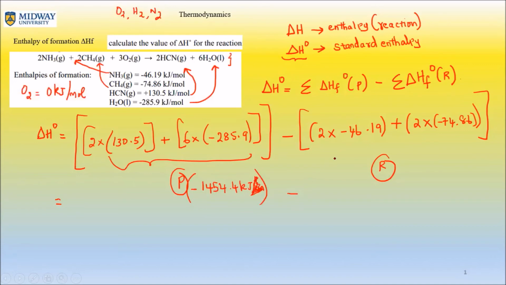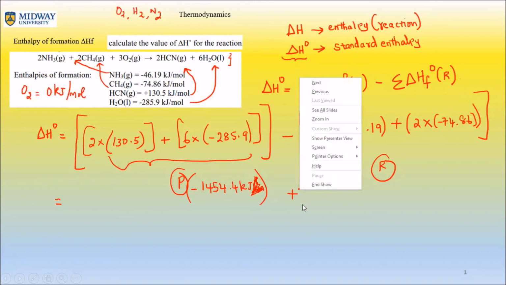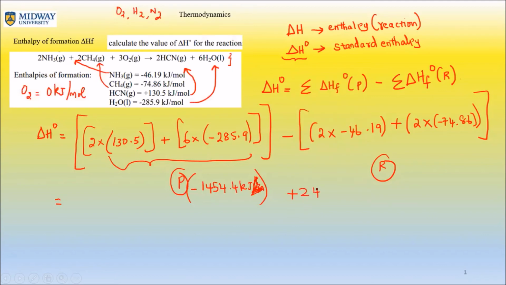So it's basically two negatives, so we can add them. Again, I'm not going to teach that level of math here. That's something you should already know. So 74.86 times 2 plus 2 times 46.19. So negative of negative will be positive 242.1.